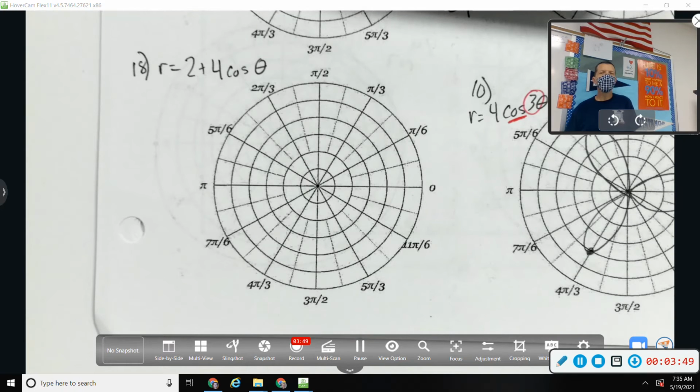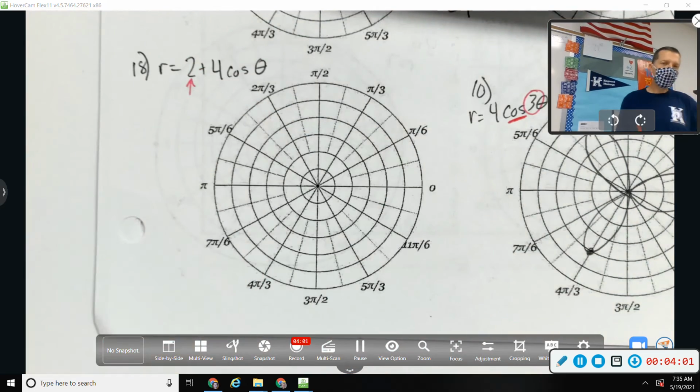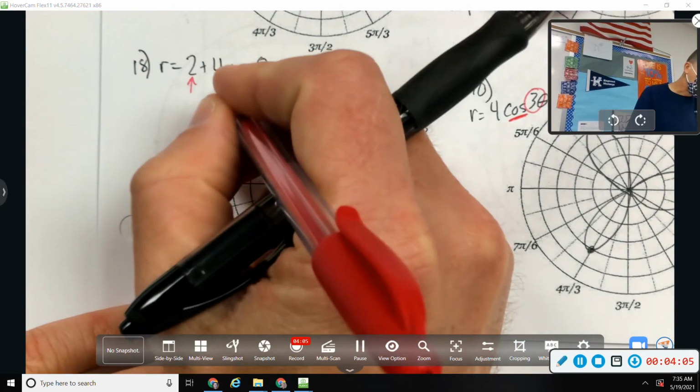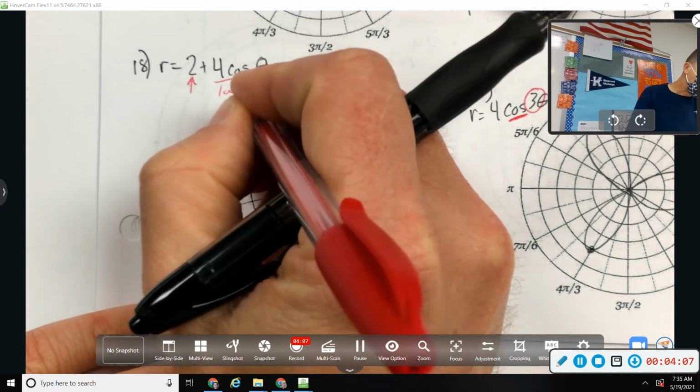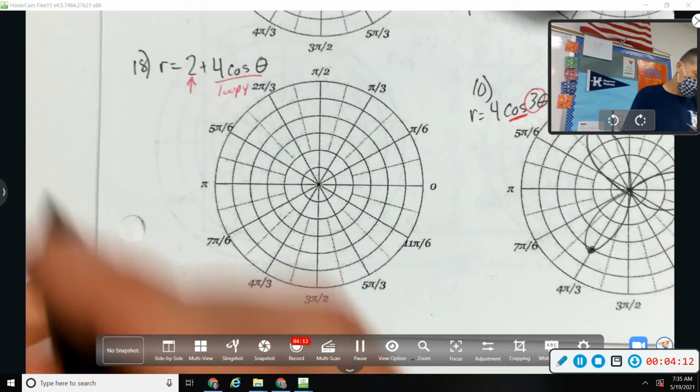I see one nod and one yes and one no. Loop or no loop? There's some more voices. Yes, loop. Remember the first number is the circle-y part, because if it was just r equals 2, it'd be a circle. The rest of the weird stuff is the loopy part. And so the loopy part is bigger than the circle-y part, so it's got a loop.